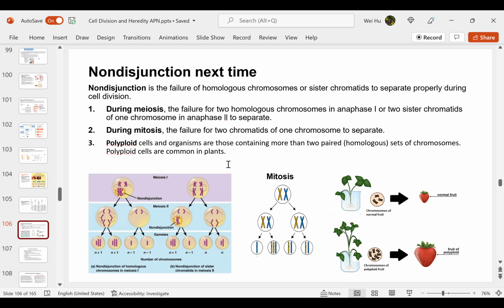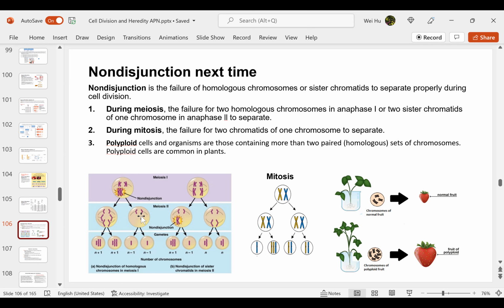Here, during meiosis 1, you should separate the pair, correct? The right one is the correct one because they will separate to two different cells, but this side is wrong. See this one? This part hasn't separated. This one did not separate.